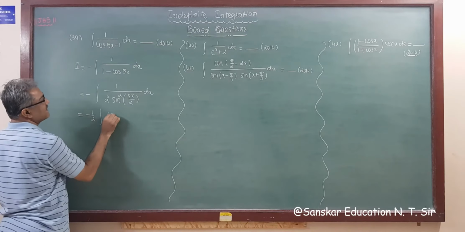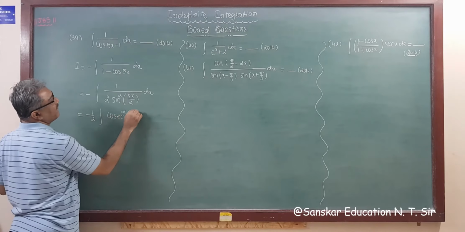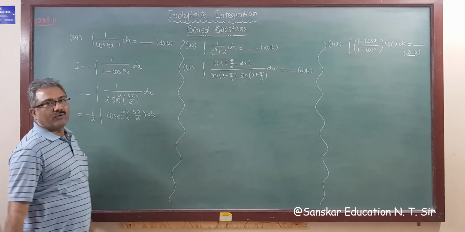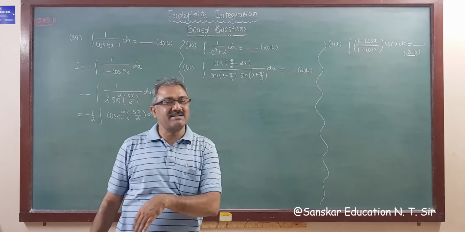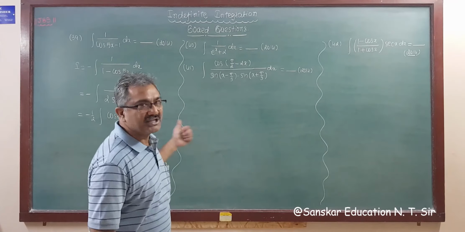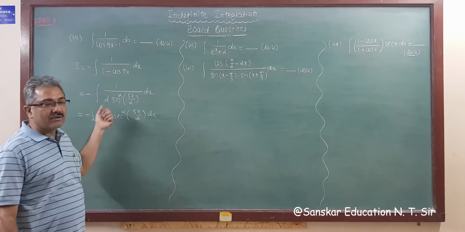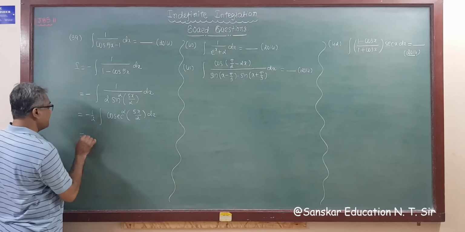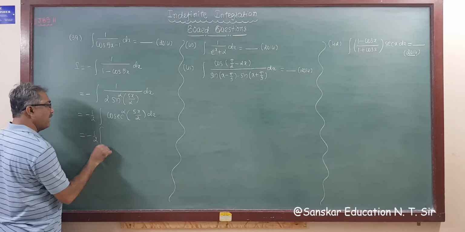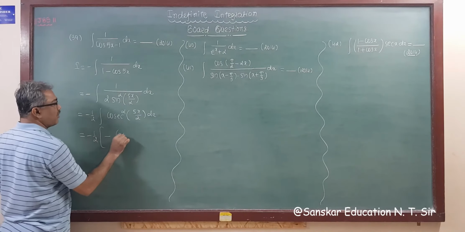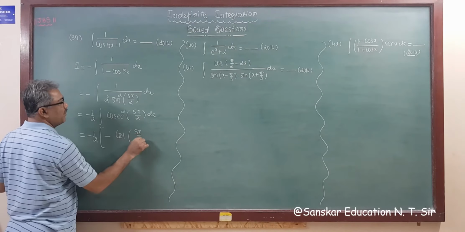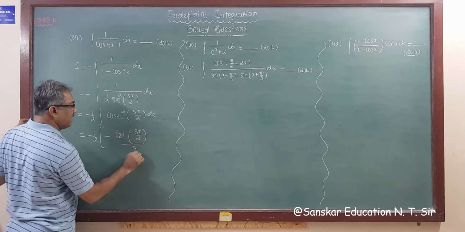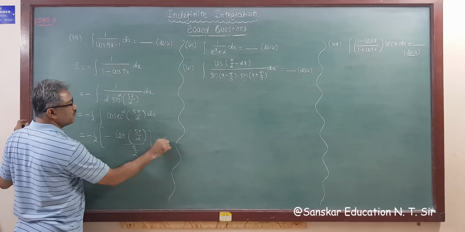So this is integration of cosec square (5x by 2) dx. Now for the integration of cosec square x: if it were sec square x, the answer would be tan x, but for cosec square x the answer is minus cot x. So this is minus 1 upon 2 into minus cot (5x by 2), and we have to divide by the coefficient of x, that is divide by 5 by 2, that is multiply by 2 by 5.